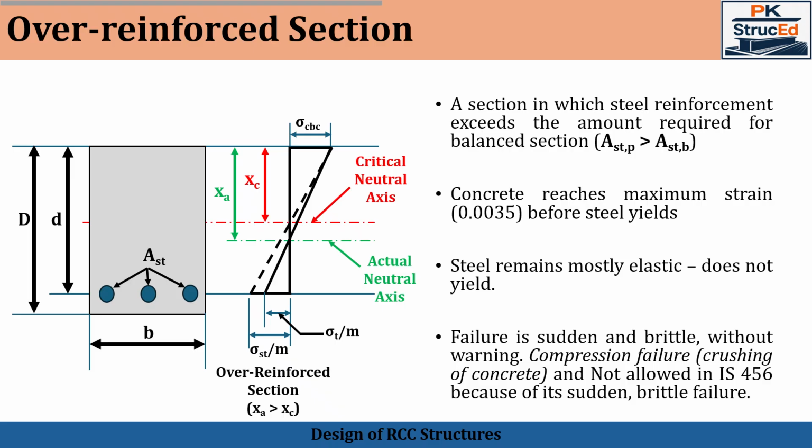Over reinforced sections fail due to crushing of concrete in compression. This type of failure occurs without any warning, making it dangerous. Because of this brittle behavior, over reinforced sections are not permitted in RCC design. IS codes restrict the maximum percentage of steel. This ensures that the section remains under reinforced.